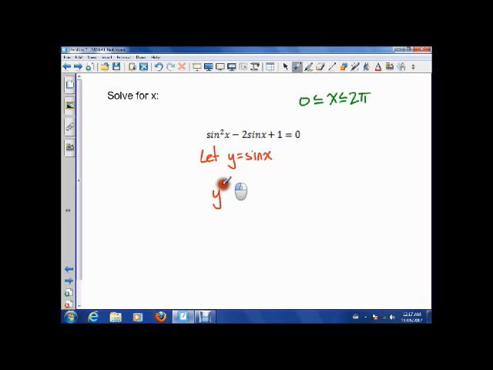And then I have y squared minus 2y plus 1. Okay, and now when I factor this, I need two things that multiply to 1 add to negative 2. So that's -1 and -1. So that tells me that y is equal to -1, which means that sine x is equal to -1.